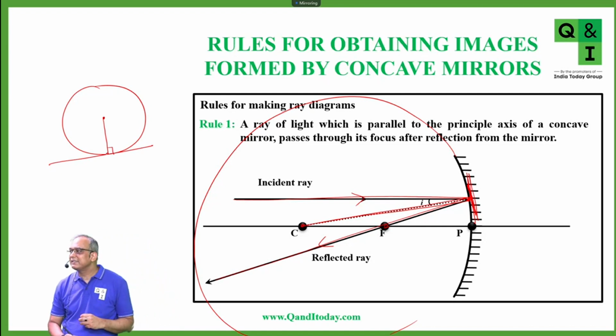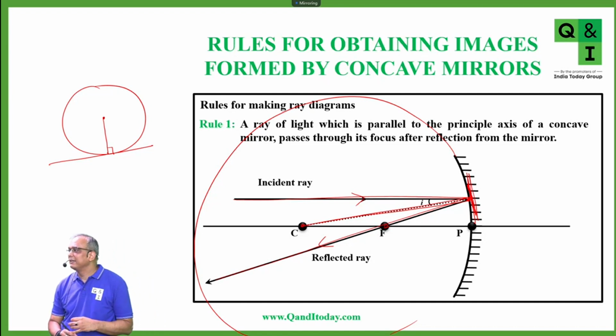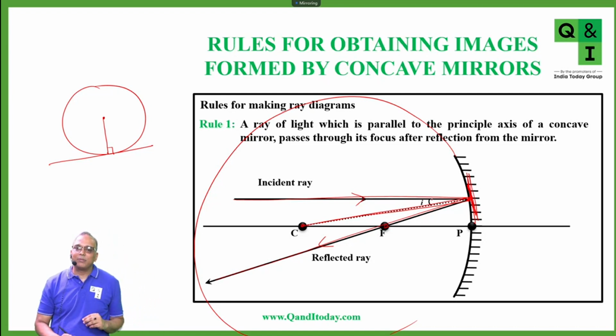Have you done this in mathematics in class 9th? I hope you would have done it. Good. So now, we know that this is the normal. What was the definition of normal for plane mirror?